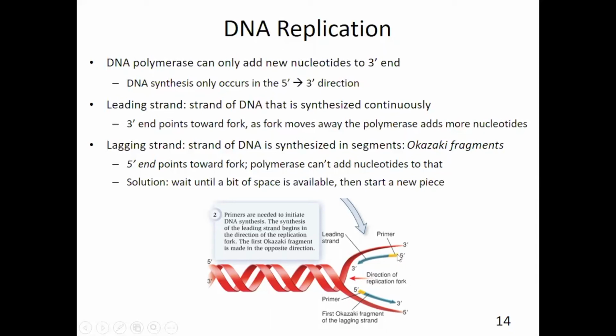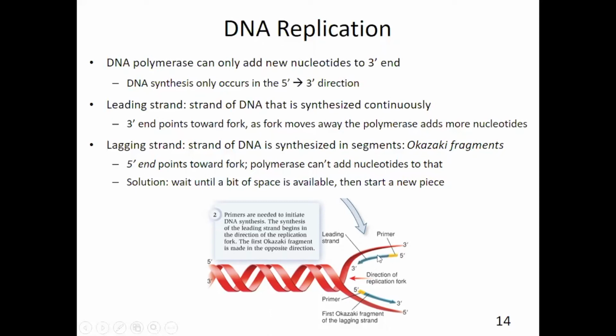So we see primer here in yellow, and then DNA polymerase is synthesizing towards the left-hand side. Now, this arrow is specific because DNA polymerase can only add nucleotides to the 3' end. So it can only move in this left direction on this top daughter strand.